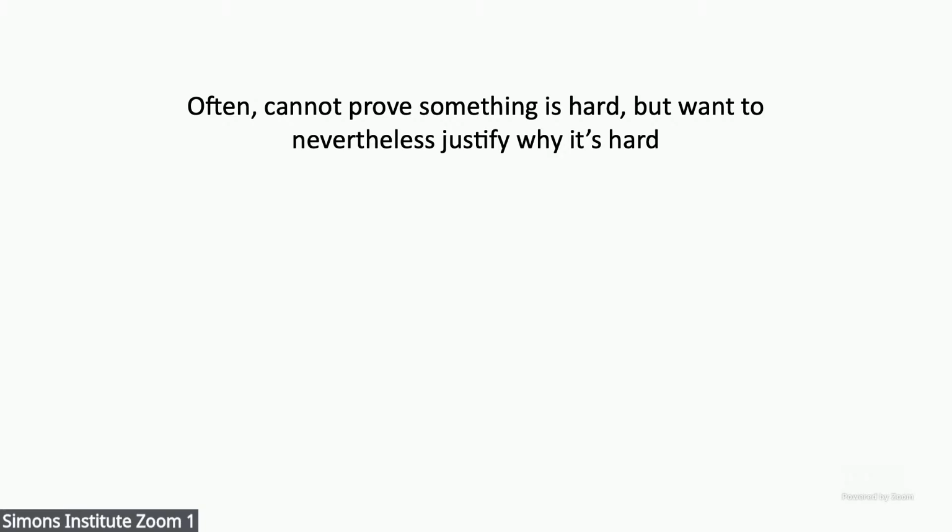Okay, so what is a black box separation? Basically, because of the current state of complexity theory, we often cannot prove that, say, a complexity class is actually hard, or we cannot prove unconditionally that some crypto primitive is impossible to build from another one. But we nevertheless want to justify why this seems to be the case, why it seems like this complexity class is harder, why we can't build a crypto primitive from another one.